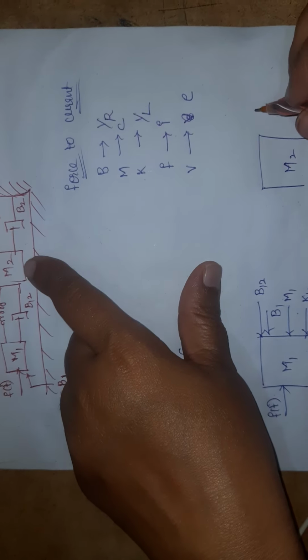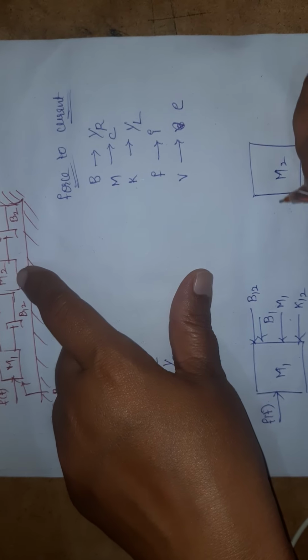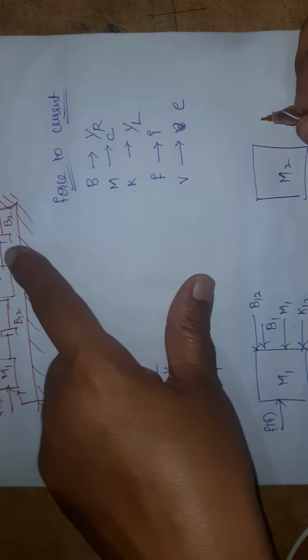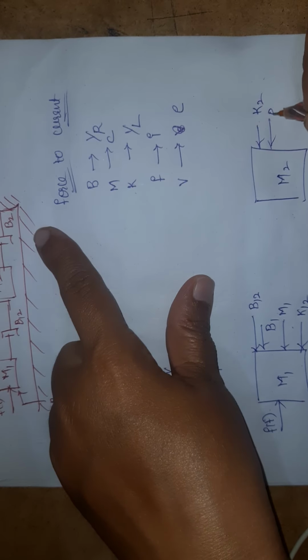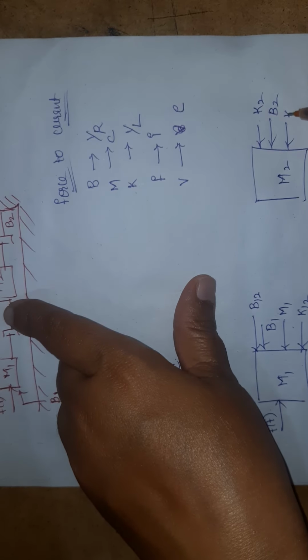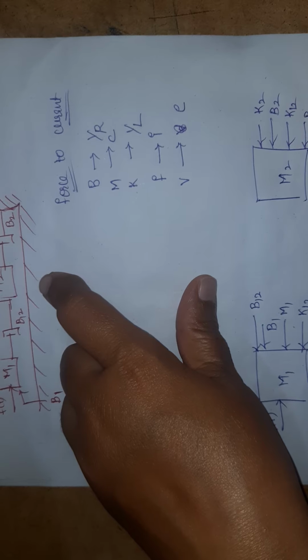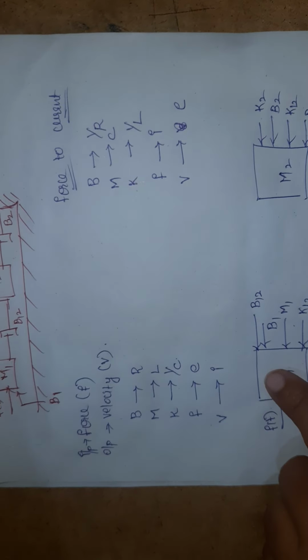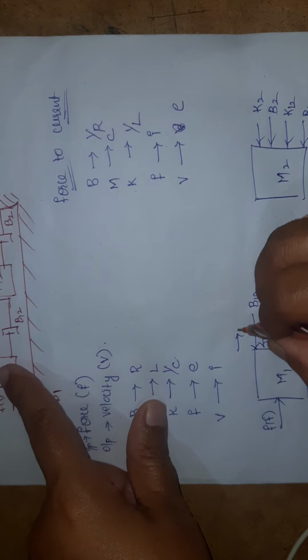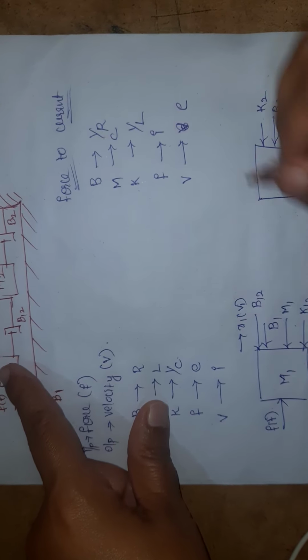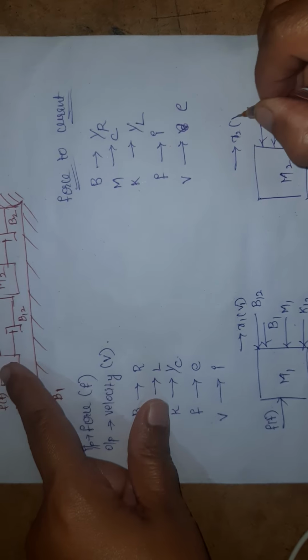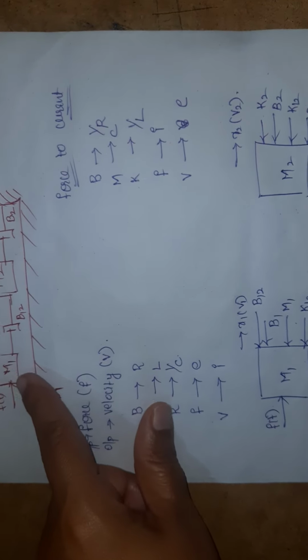Next, for M2, there is no input force, but the opposing forces are due to K2, B2, K12, B12. Here the displacement is X1, and we have to consider velocities, so V1. Similarly X2, V2.